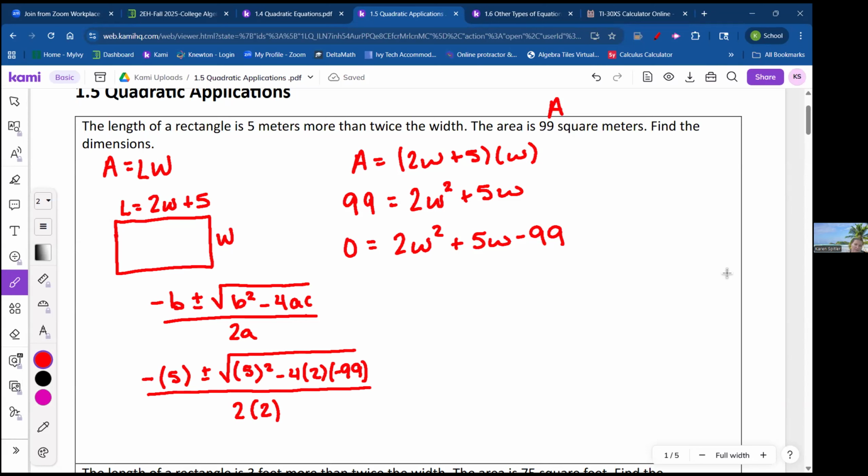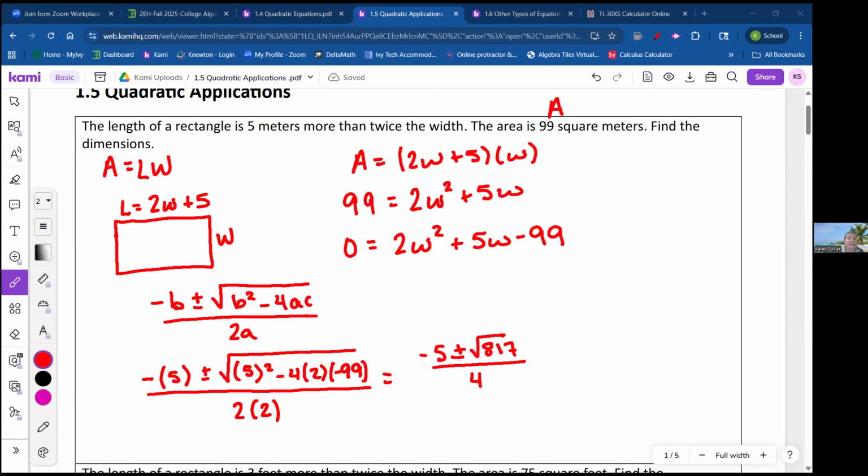So this simplifies into negative 5 plus or minus the square root of 817, divided by 4.